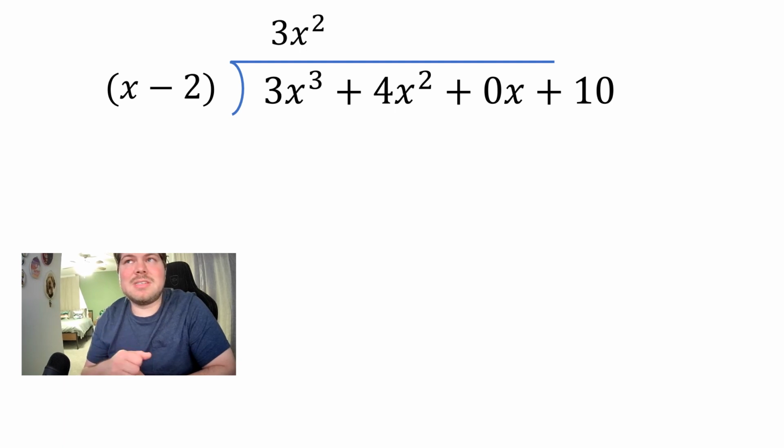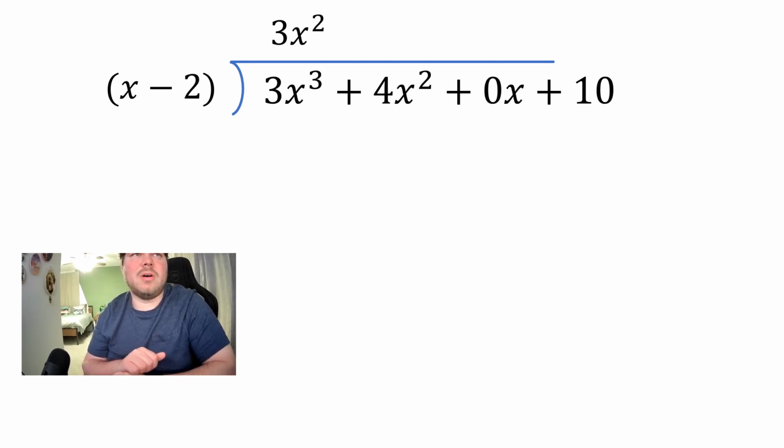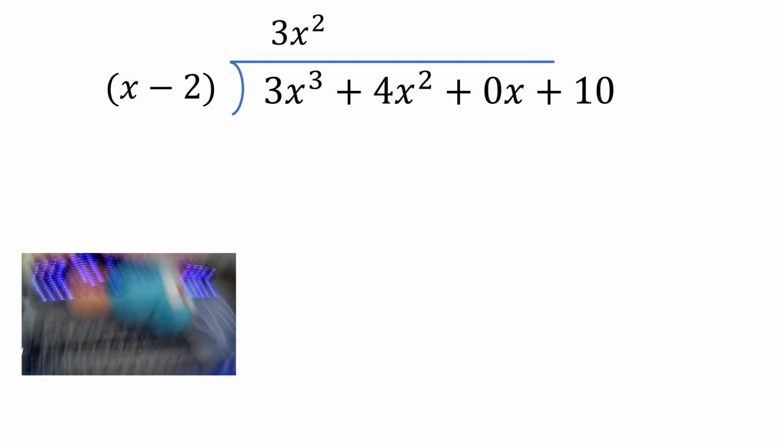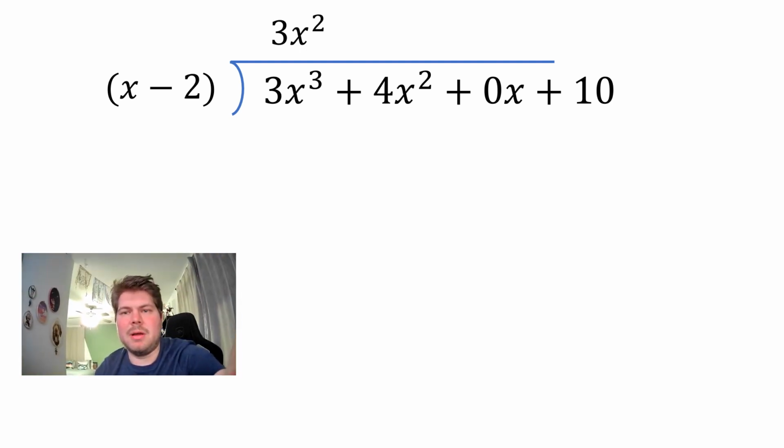But we have to consider the other number too. So you're going to multiply the binomial.